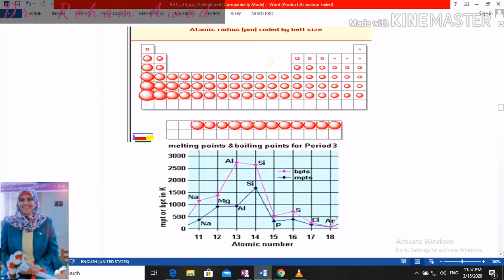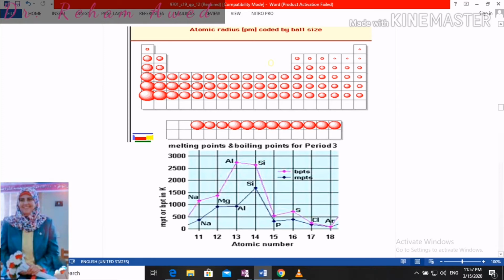Then we have a very large drop, converting from macrocovalent compounds to simple covalent compounds. So the phosphorus melting point and boiling point is low. From phosphorus to sulfur, the melting point is in the same range, or sulfur is quite a bit more than phosphorus. Chlorine is lower because we have a diatomic gaseous molecule.